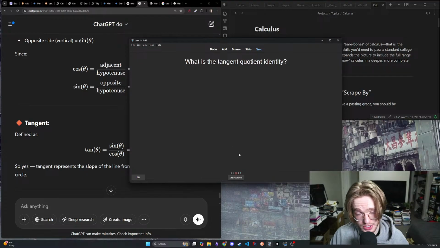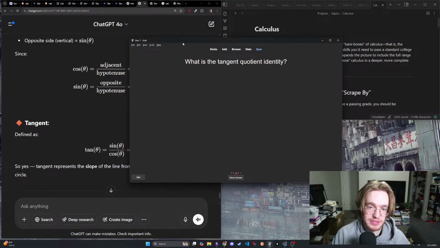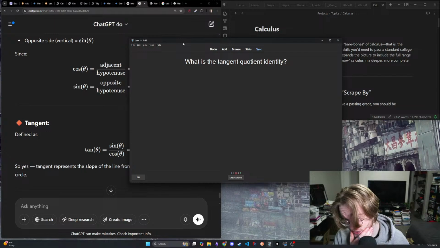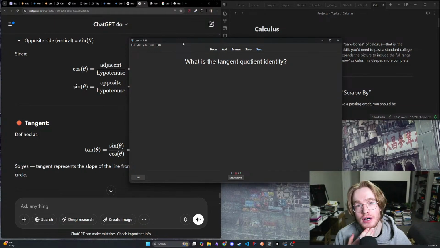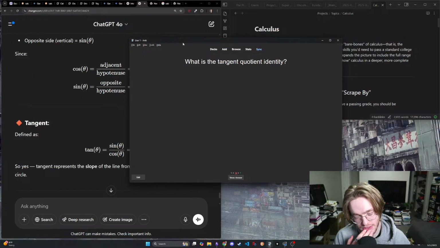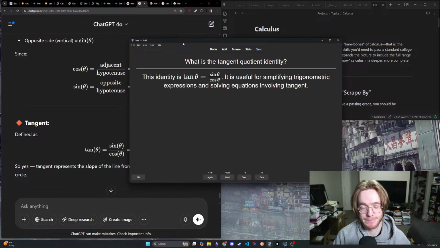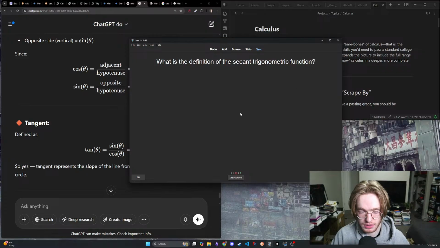Okay, the tangent quotient identity can be thought of as y over x, or from what we just learned, the opposite over adjacent, which would be the sine over cosine. Nice. Okay, I feel like that's locking in there.